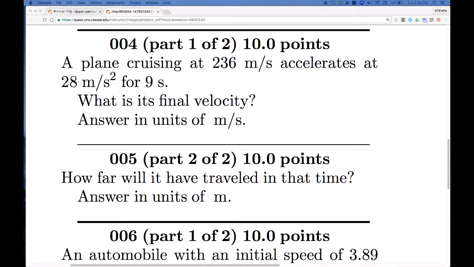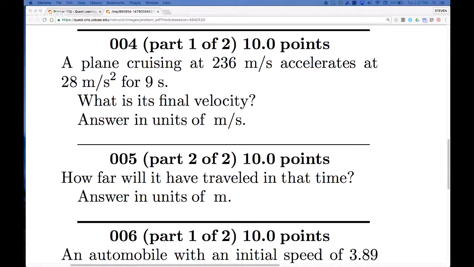No, final velocity, well, that's what we just used, right? That's going to tell you how fast. 1, 2, 3. 3. How far. X means displacement. On your equation sheet, write down that X means displacement, so that you don't forget that.